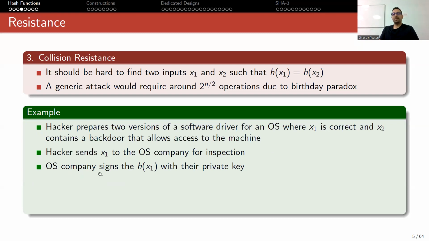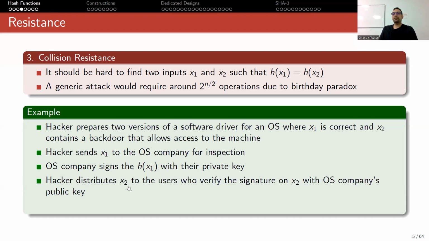So they sign it, but they don't sign the whole driver, because nowadays drivers can be a few hundred megabytes. Some display drivers are now around 3 gigabytes and so on. So instead of signing such a thing, the operating system company actually signs the hash of this driver, which is very small, something like 256 bits. Microsoft signs it with their private key.